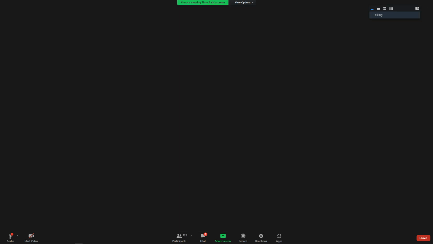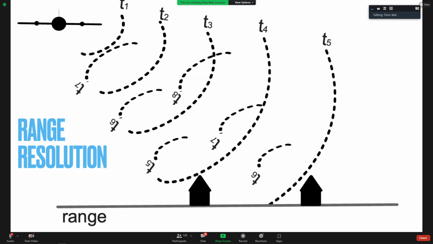So first, let's do the basic directions. What is the range direction? Range means distance, right? So the range direction is the direction that your signal is traveling there and back. If here's your sensor, it's the direction here that your signal is traveling.